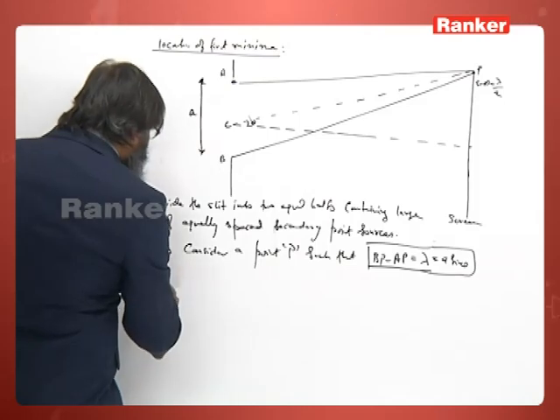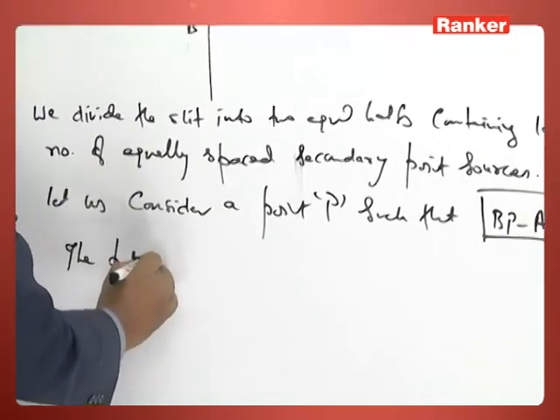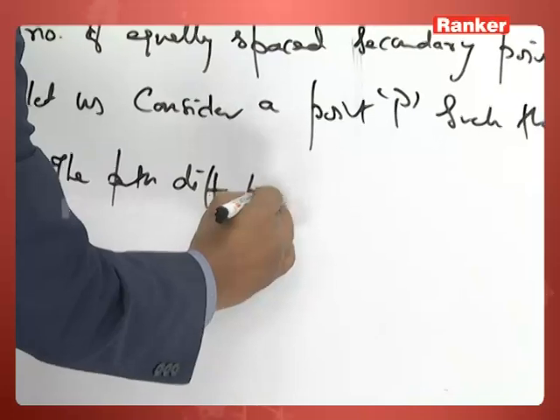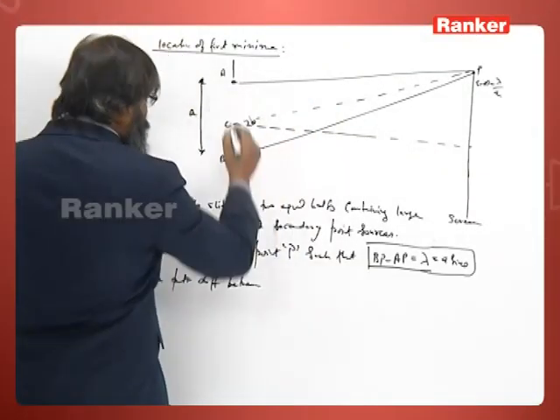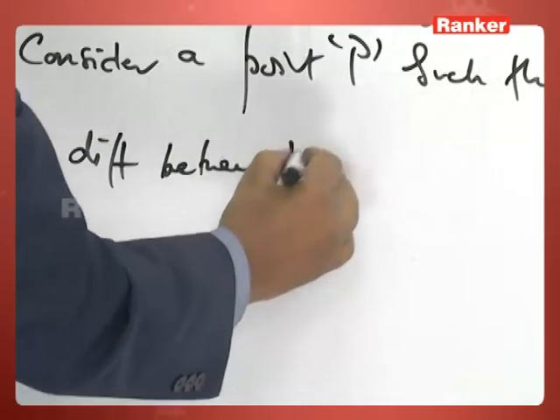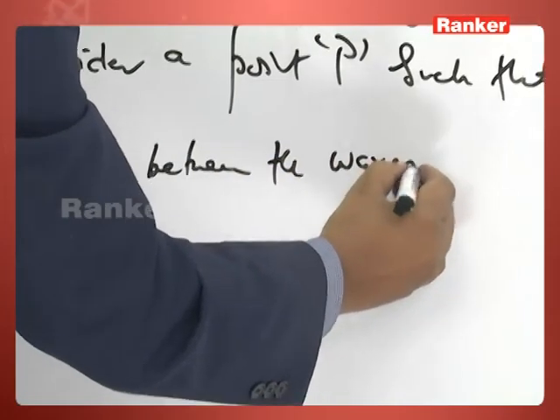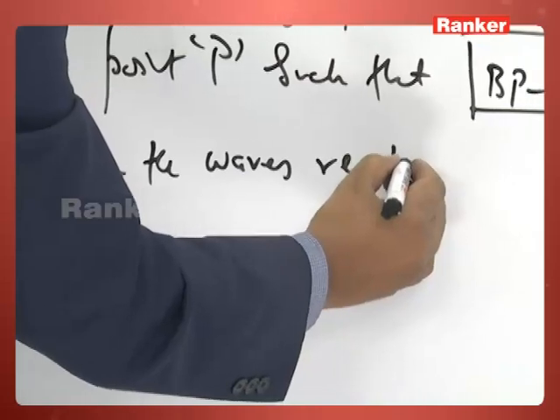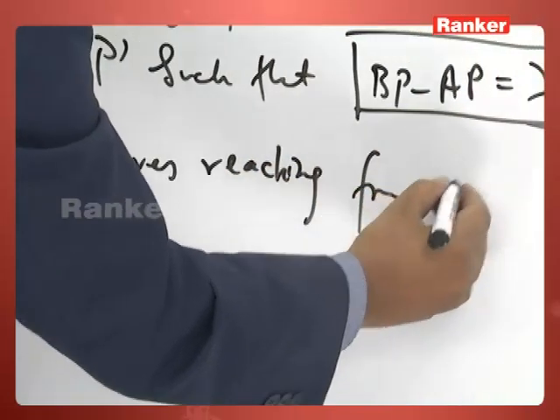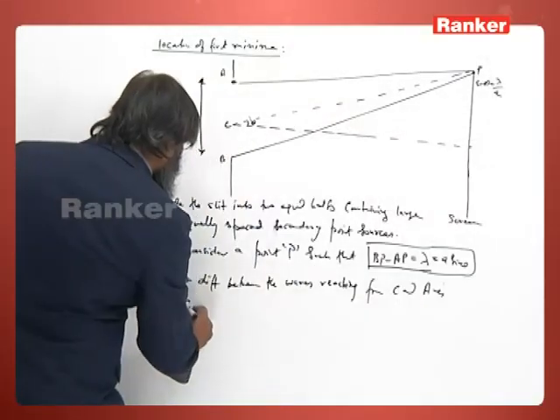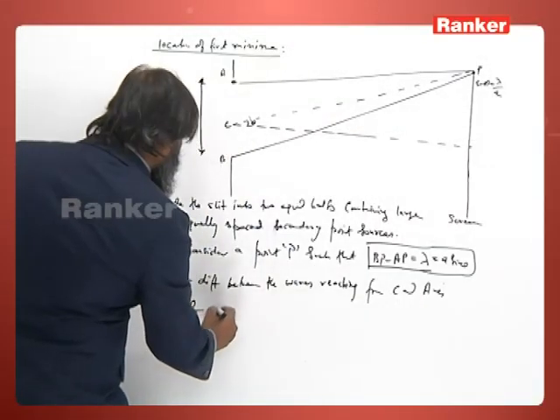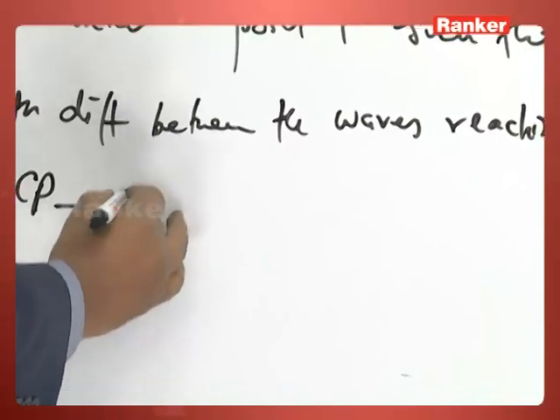The path difference between the waves reaching from C and A is CP minus AP.